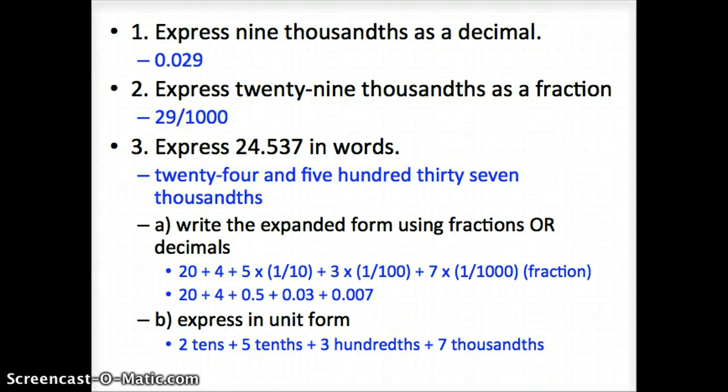A good way to check yourself is to line the decimal point up and add all of your digits together to get 24.537. In unit form, you should have 2 tens plus 5 tenths plus 3 hundredths plus 7 thousandths, and you should also have plus 4 ones, which I have forgotten to include in here.